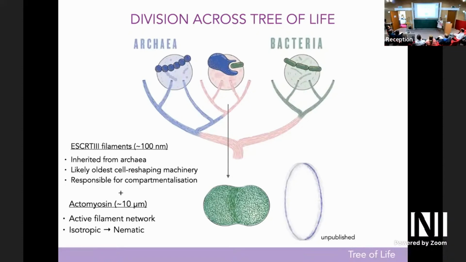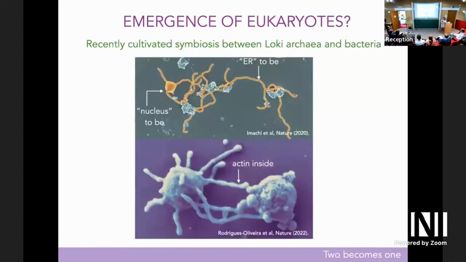So actomyosin, which we also started to work on very recently, and Karsten nicely explained to us a lot about it, somehow squishes the cell, but only up till around the micron, which is where ESCRT that we got from archaea kicks in.